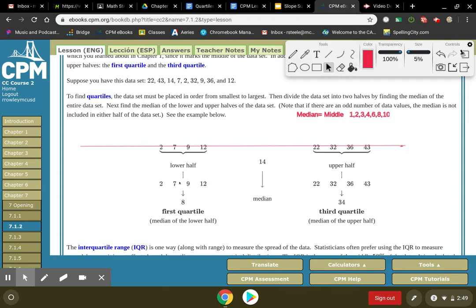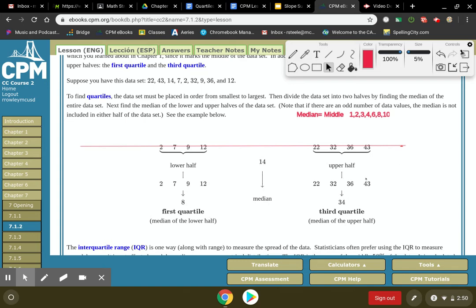Well, it couldn't be both of these, so they had to figure out what number was in the middle of these 2, and that's how they got 8. Okay, so there were 4 pieces of data. They had to find the middle of 4. The middle of 4 is these 2 numbers, 7 and 9, and the middle of 7 and 9 is 8. That's how they found the first quartile.